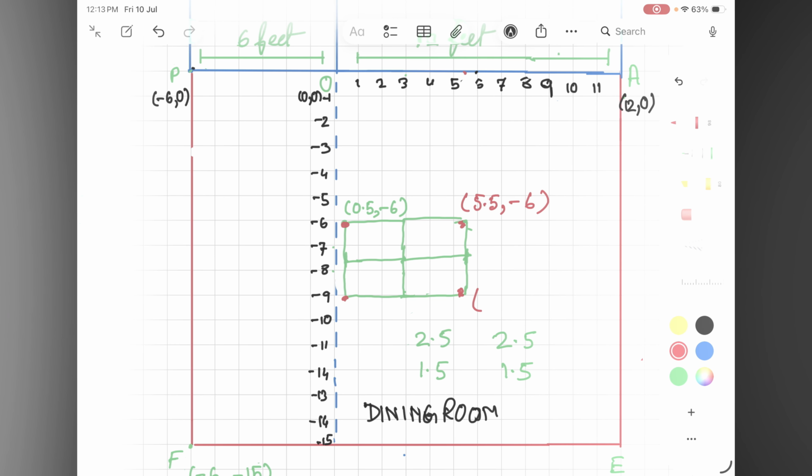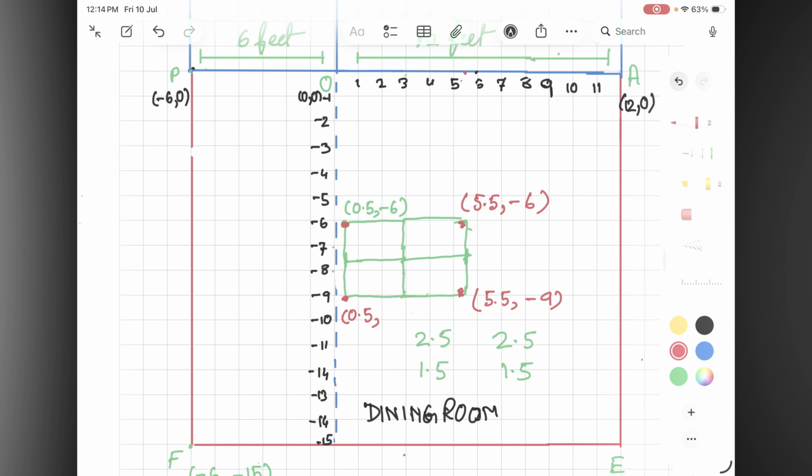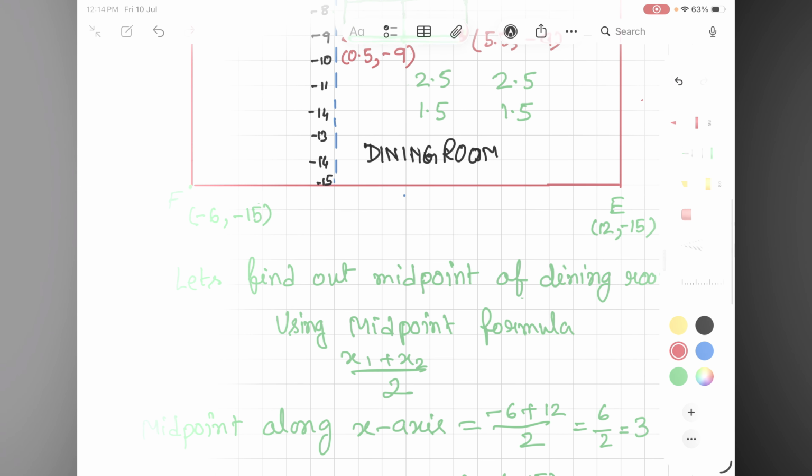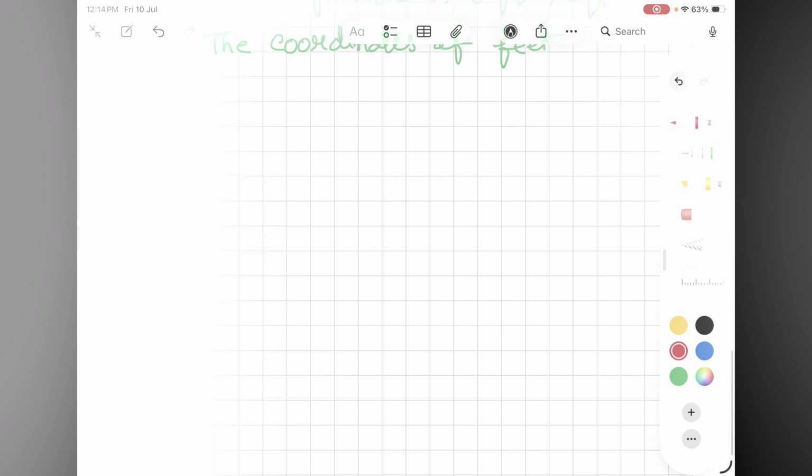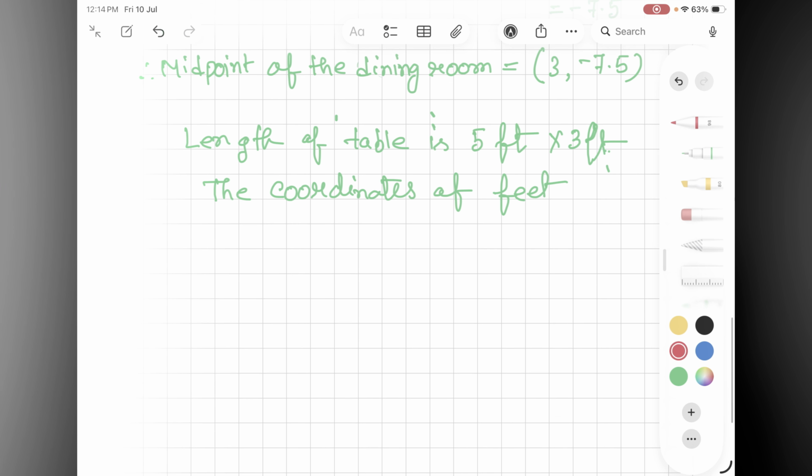This one 5.5 comma -9, and this one 0.5 comma -9. So they are the coordinates of the feet of the dining table.